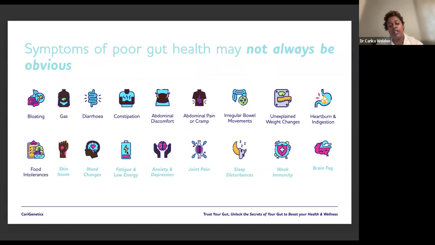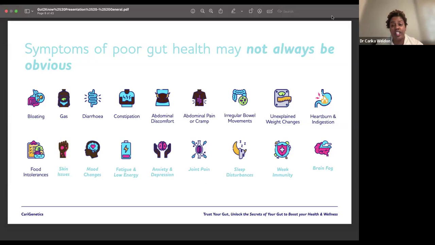But the ones in light blue and italicized are probably symptoms you may not be used to hearing, or your patients may think are attributed to something else, but could be related: skin issues, mood changes, fatigue and low energy, anxiety and depression.